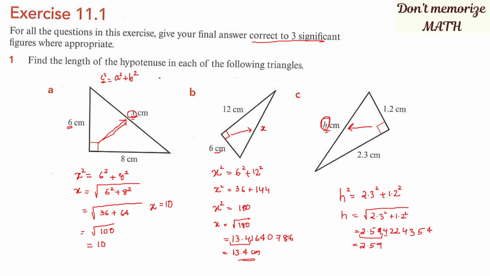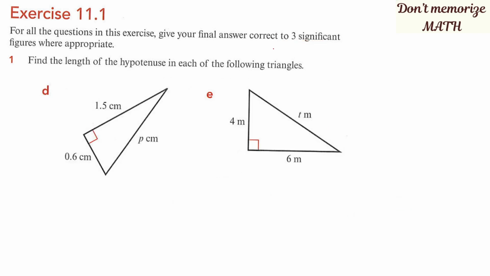Then question D. In the same way, you can apply Pythagoras theorem here. Pythagoras theorem says that the hypotenuse squared is equal to base squared plus height squared, or the sum of the squares of the other two sides. Here, opposite of 90 degrees is the hypotenuse, so take p squared equal to 1.5 squared plus 0.6 squared.